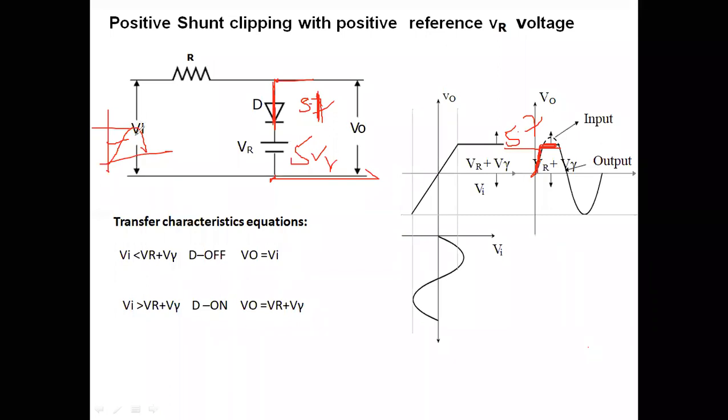From 10 volts it again starts reducing, and it again reaches 5.7. The input is a sinusoidal signal, therefore when it reaches 5.7 again, the diode gets off. Input will appear at the output terminal, therefore input will be continuous.